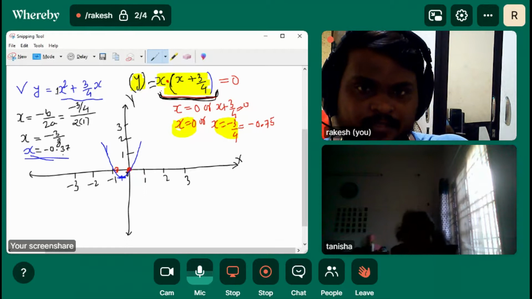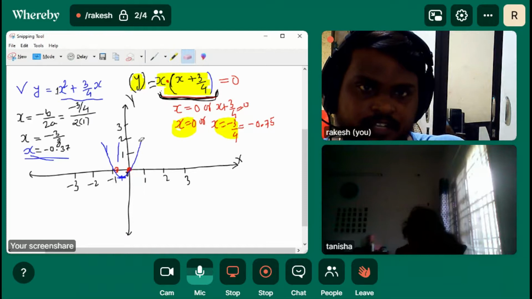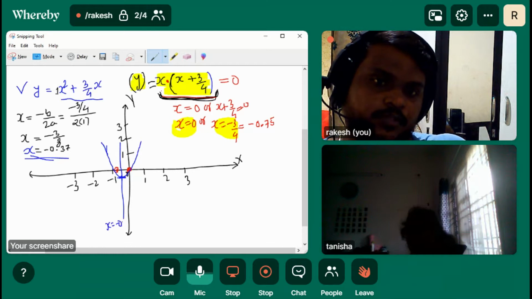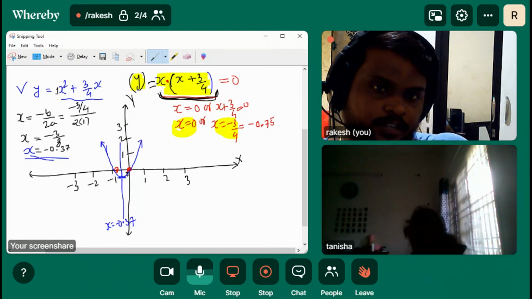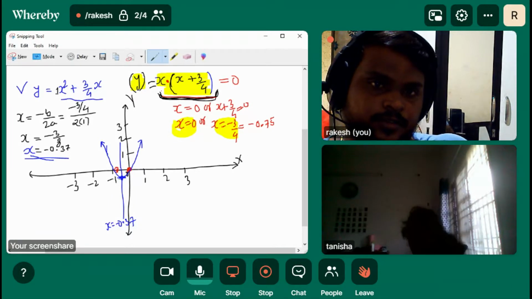If you draw the line x is equal to minus 0.37, it will divide the parabola into two equal halves like this. It means it will intersect the minimum point of this curve, right? This is the minimum point of this curve.